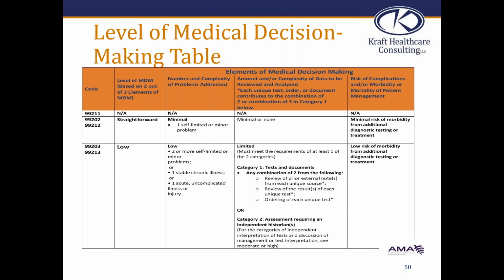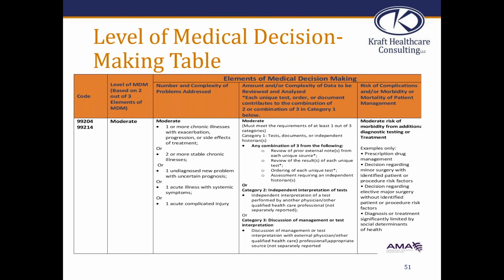So I think they've done a really good job of taking out the ambiguity in choosing these codes. I keep using the same word, but really it's true. And on the next slide, you see you've got your 204 and your 215, and you've got moderate.